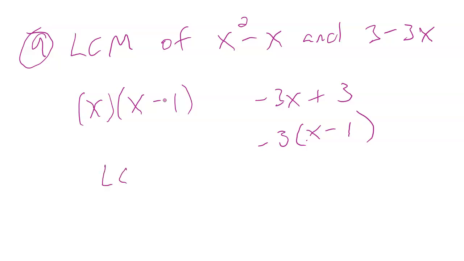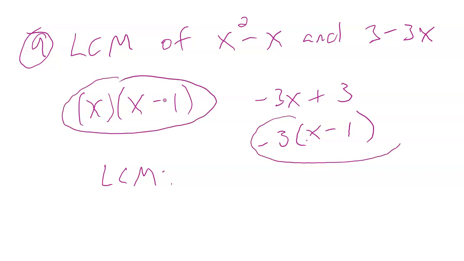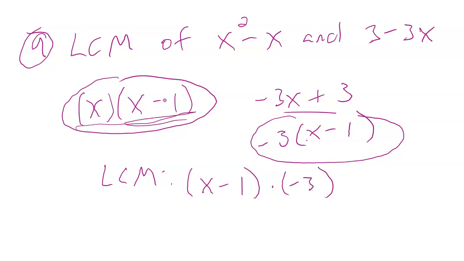So these are factors, if that makes sense. Both of them have an x minus 1, so we only need one x minus 1. This guy's missing a negative 3, so we need a times negative 3. And this guy's missing an x, so we need a times x. This is your least common multiple. Similar to the least common denominator, it's the same thing.